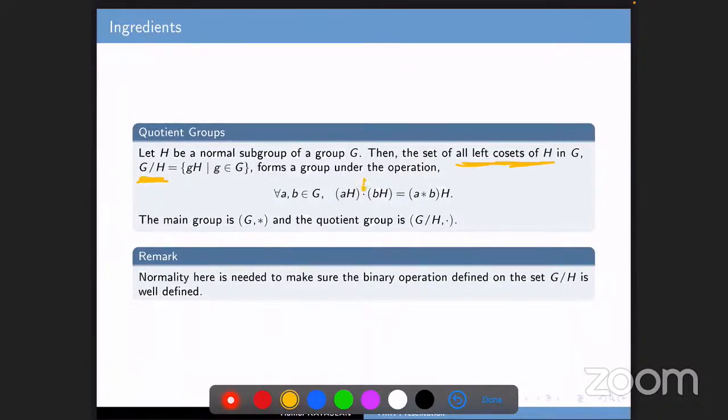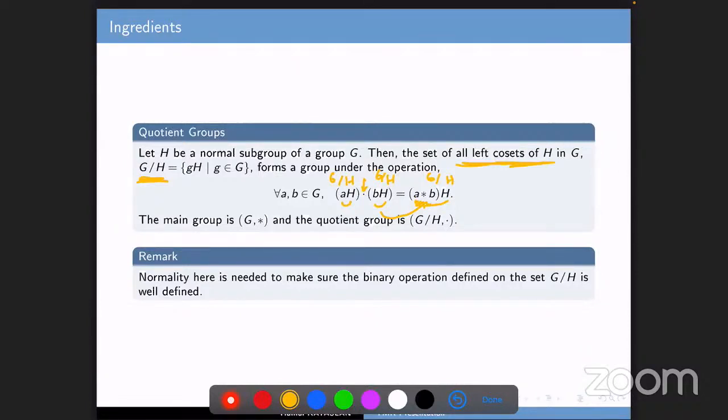The dot operation takes two elements from G quotient H and maps them to an element in G quotient H. This a star b is still an element of G, so of course this left coset is contained in G quotient H, right? So we can check that this operation forms a group structure on G quotient H.